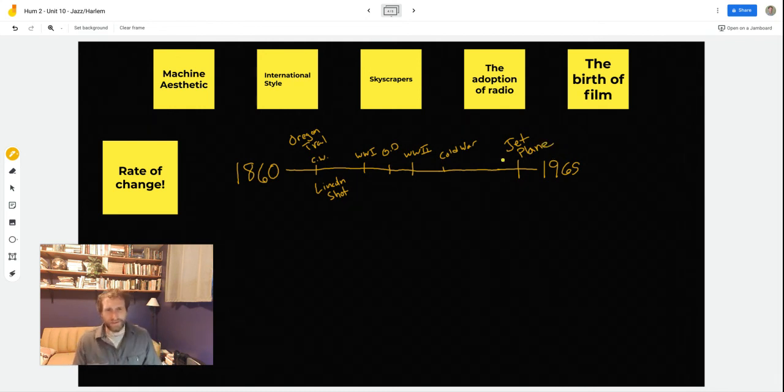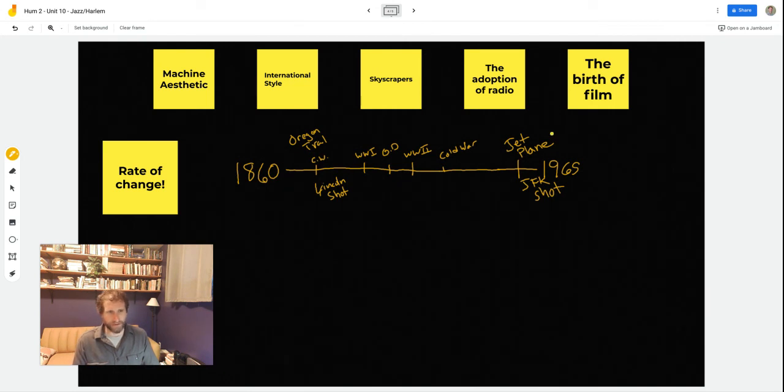And so this is that rate of change. She had a long, healthy life, but this was one life that people potentially could live through these things. And so she saw Lincoln shot and she saw JFK assassinated. And she saw and remembered both of these events in her life.